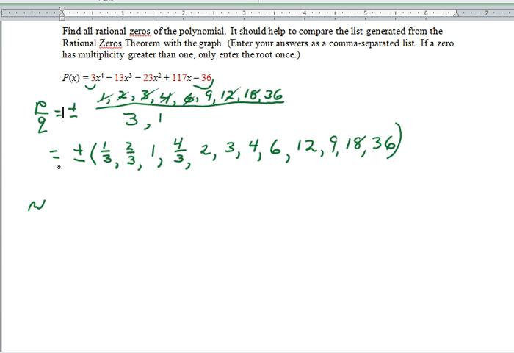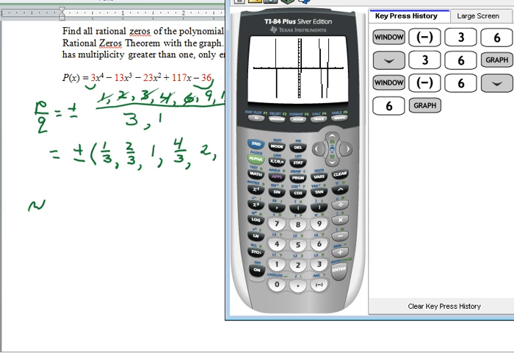We're going to say they are approximately, I'd say, plus or minus 3, positive 4, and something that's a little bit bigger than 0. Very, very close to 0. So I'm going to do an educated guess. I'm going to at least check to see if it's 1/3.